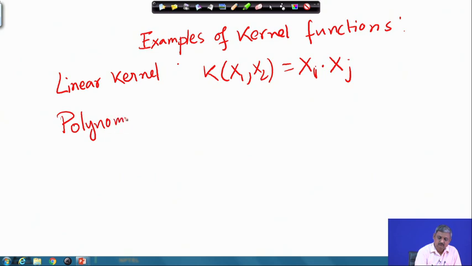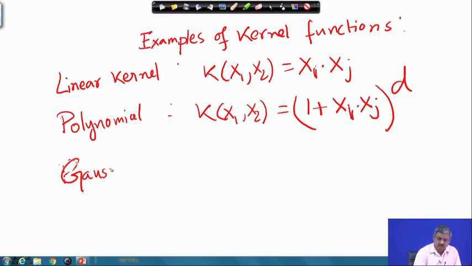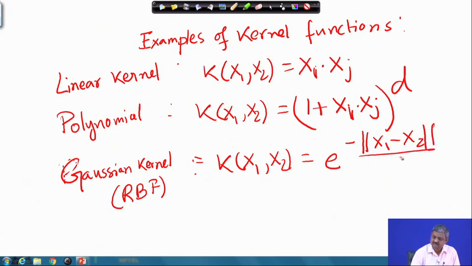Polynomial kernel, x1 dot x2 to the d, dth order. Gaussian kernel, or sometimes known as the RBF kernel, radial basis function kernel, with sigma. Okay. Many other kernels, even for discrete cases, are proposed. So, you can choose your kernel accordingly and just use the same support vector machine.